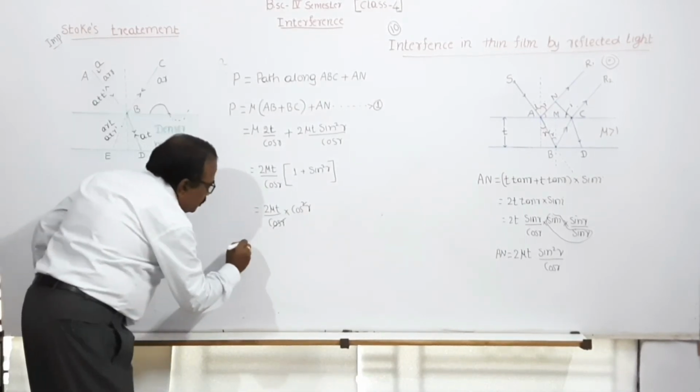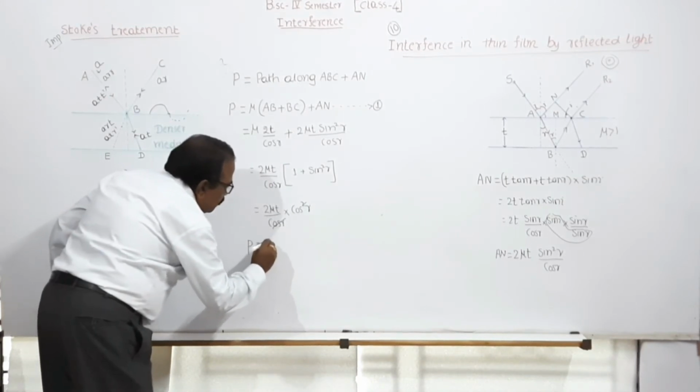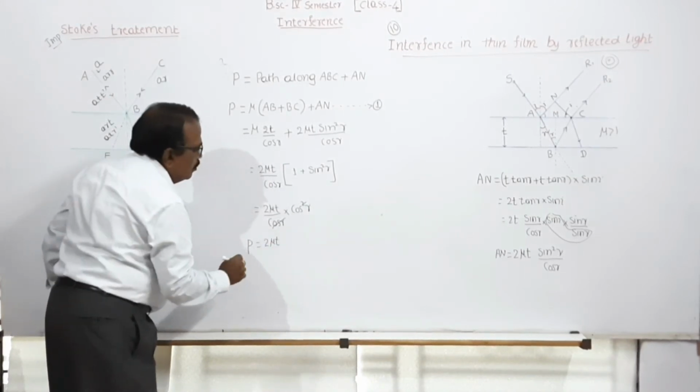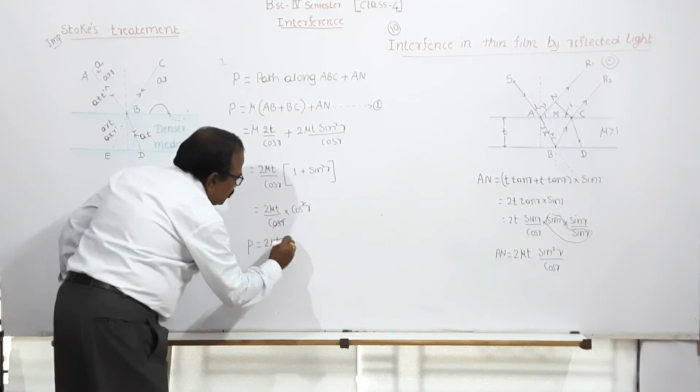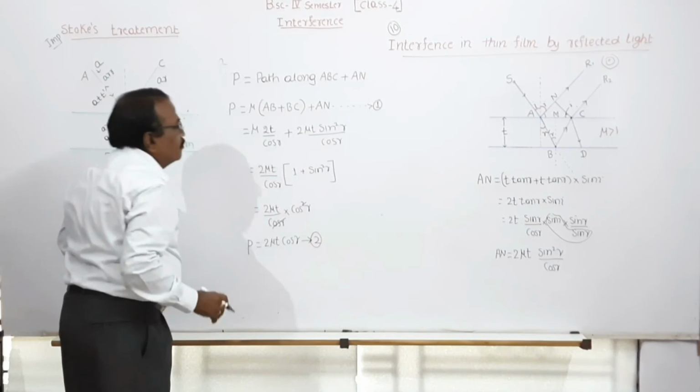Therefore, your path difference is 2 mu T cos R. Call this equation 2.